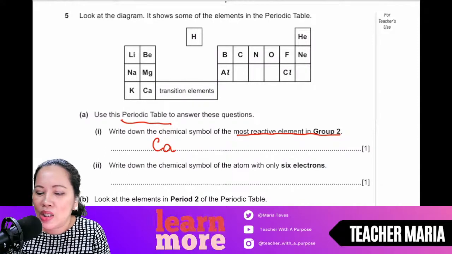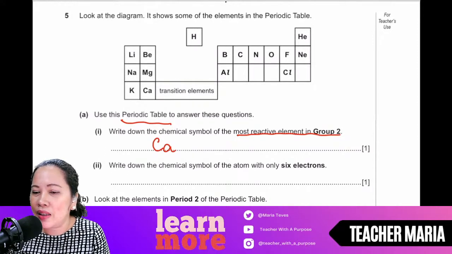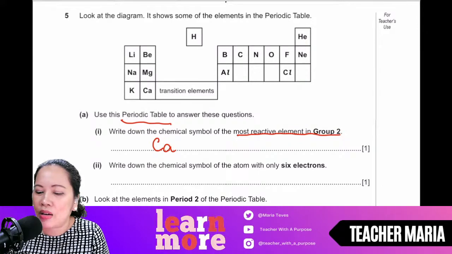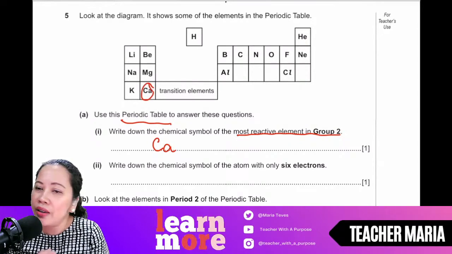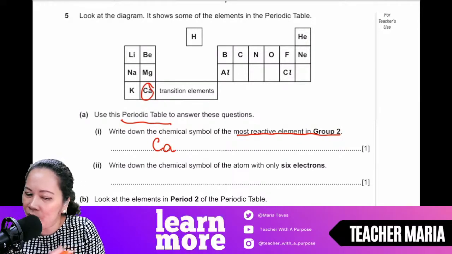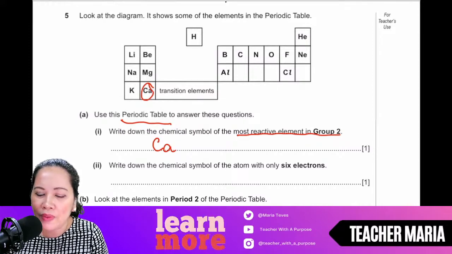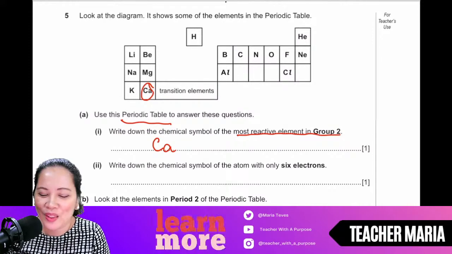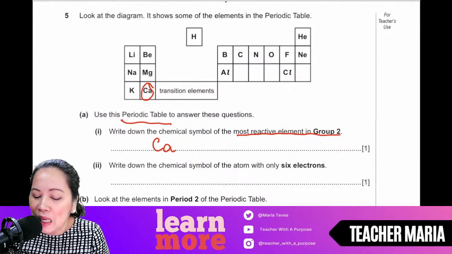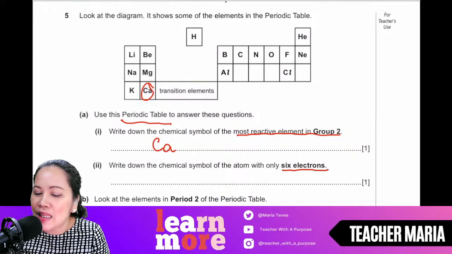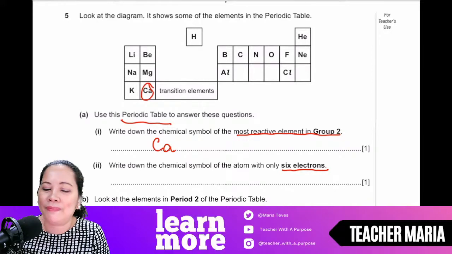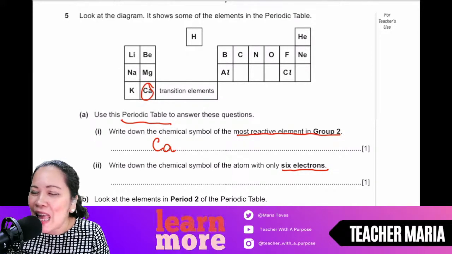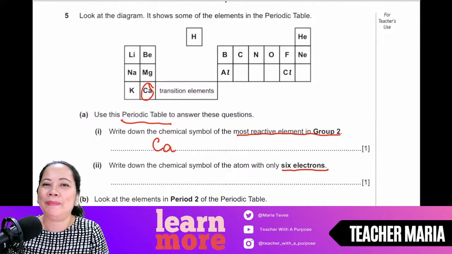Okay. So the reactivity is higher from your calcium side. Okay. From group 2. Okay. Write down the chemical symbol of the atom with only 6 electrons. 6 electrons.